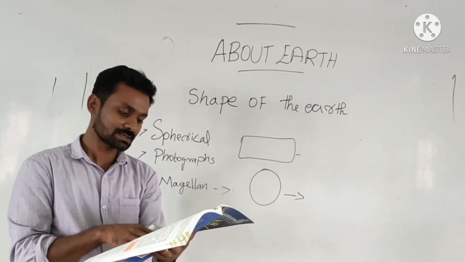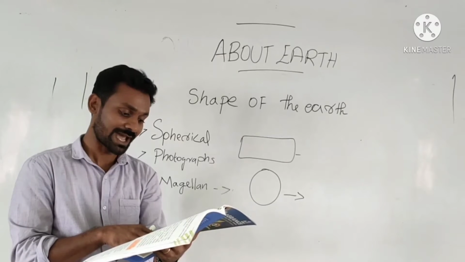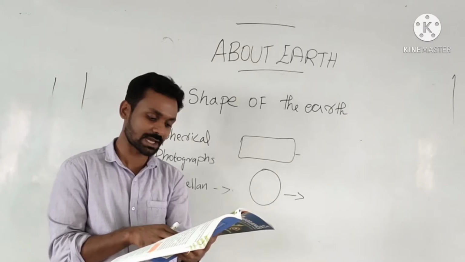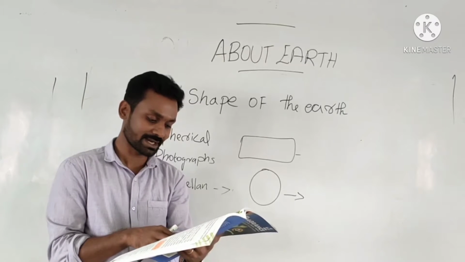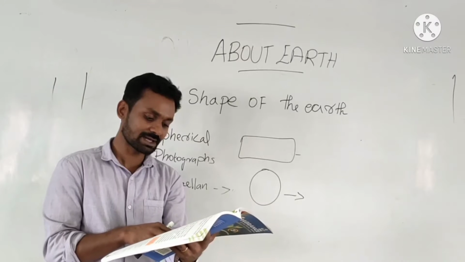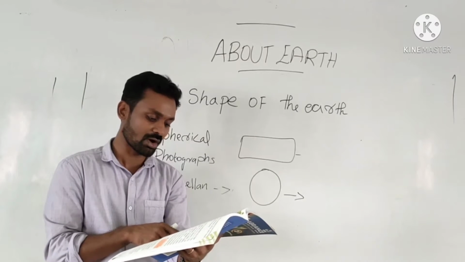They thought that the earth was flat as it seemed to meet the sky at the horizon. So people were afraid that if they traveled too far, they would reach the end of the earth and fall off the edge.